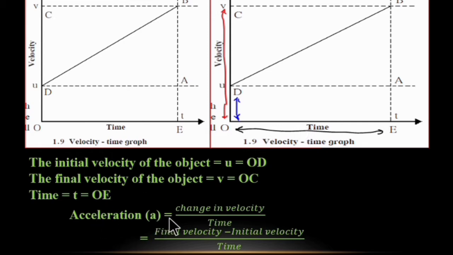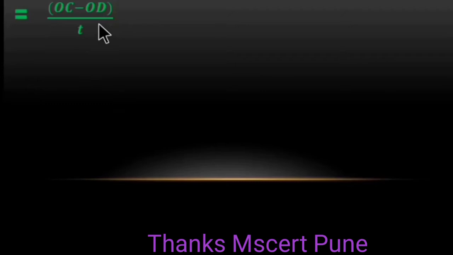Acceleration is equal to change in velocity upon time. So a is equal to final velocity minus initial velocity upon time, which is OC minus OD upon t. So CD is equal to at, because OC minus OD is equal to CD.